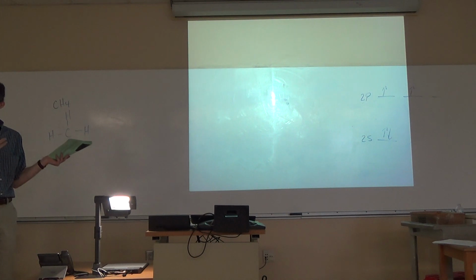How are you going to get 4 equivalent bonds using that setup? You can't. That's ground state. I don't know what the purpose of ground state is other than to give you something to engineer. There's probably something there, but we need to go to a hybridized state. Things bond in hybridized states.